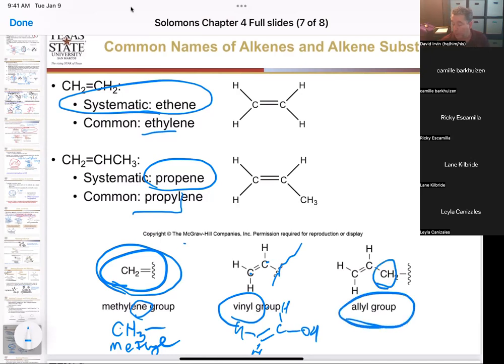So methyl is 1 carbon, vinyl is 2 carbons, allyl is 3 carbons. Now, why is that important? Well, if we have a way to move this hydrogen back and forth, or we have a positive charge, we can have conjugation. So that's why the allyl group is different.